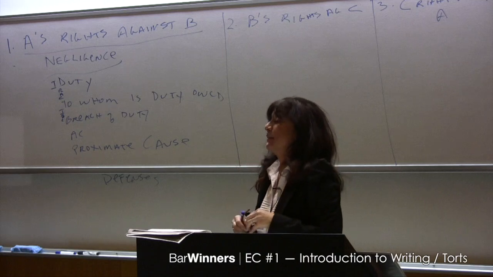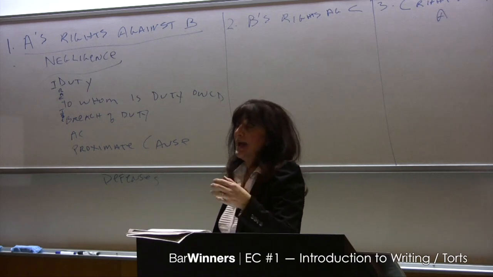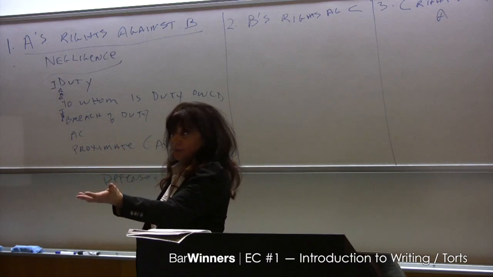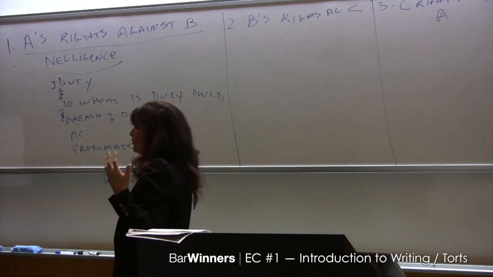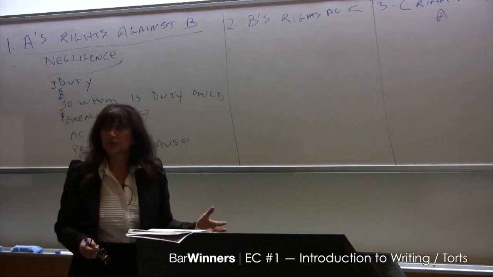For example, if I am your employer, I have a qualified privilege to do a job recommendation for you. I can send a recommendation or a job referral indicating your skills or your lack of skills.